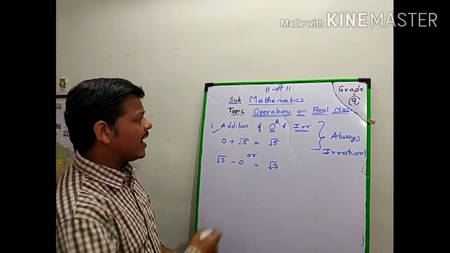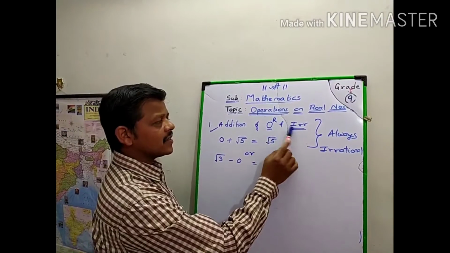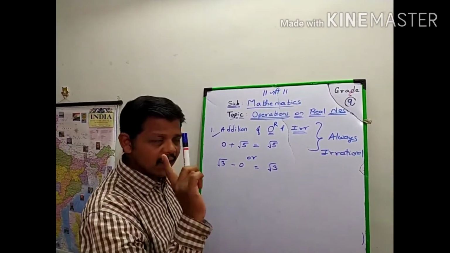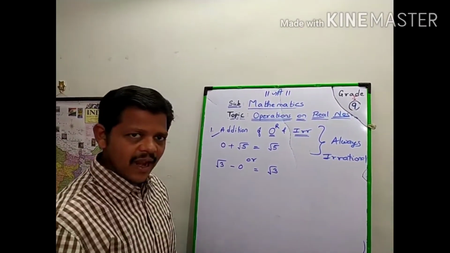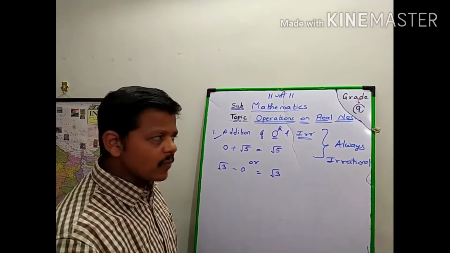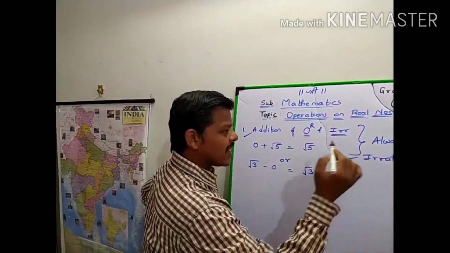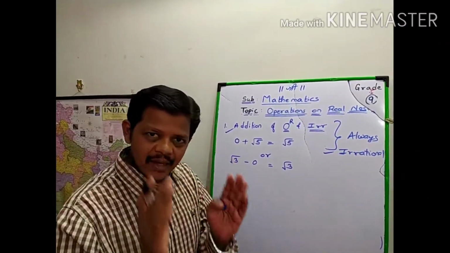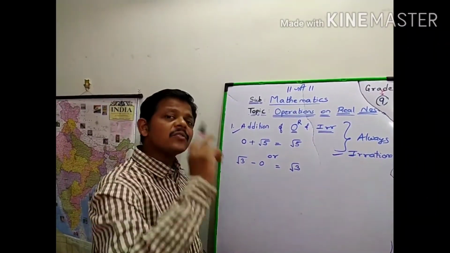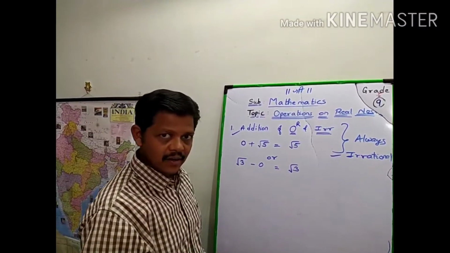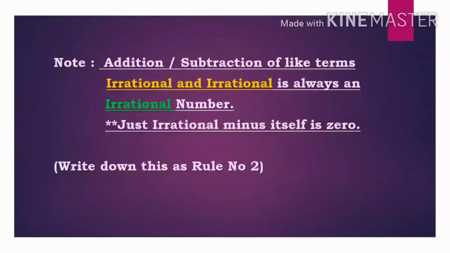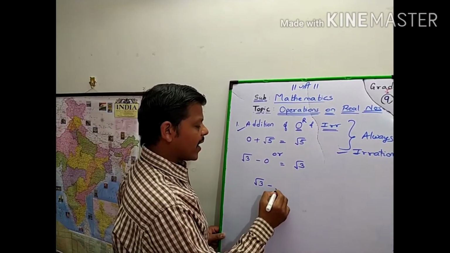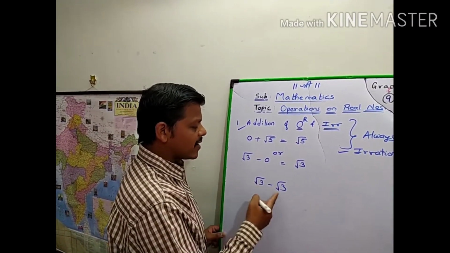Now mind well, addition of rational and irrationals is always going to be irrational. Only in one case, addition is compulsorily irrational: for rational and irrational, addition is always irrational. Subtraction is also always irrational. But just see, root 3 minus root 3, irrational minus irrational.